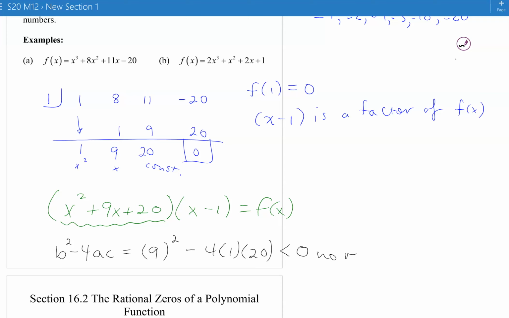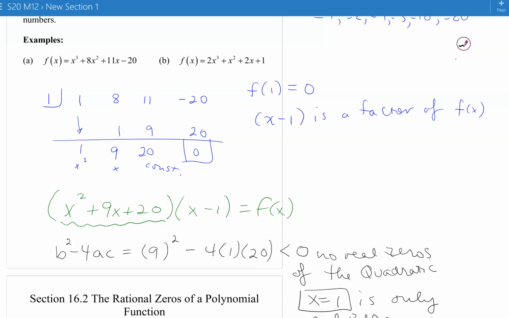So there are no real zeros of the quadratic. Our answer is x equals 1 is the only real zero of this polynomial.